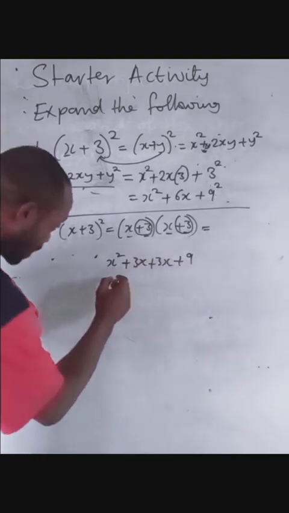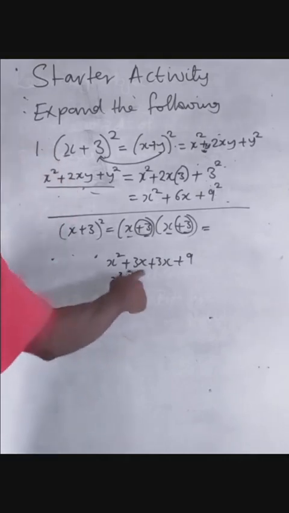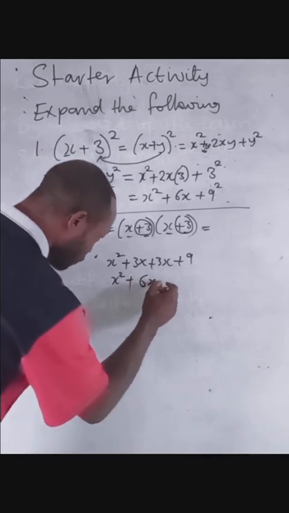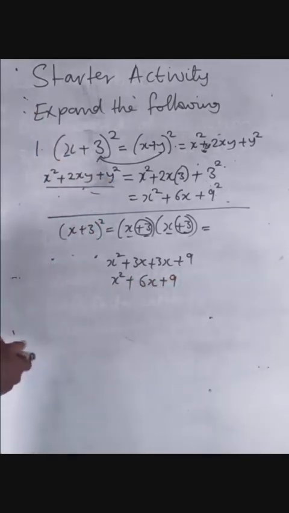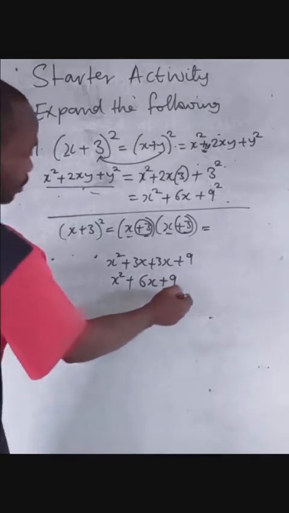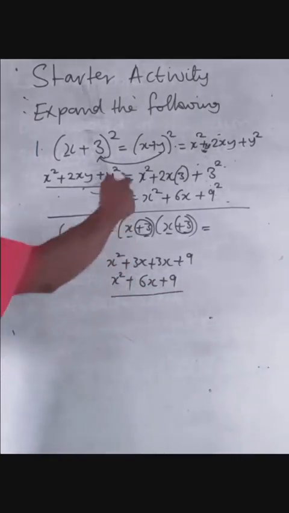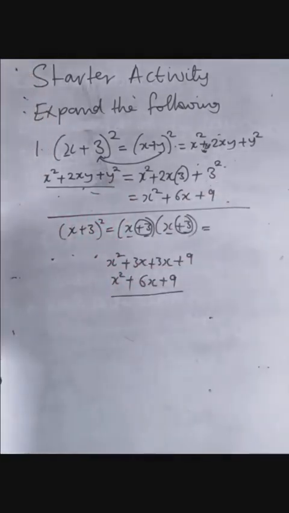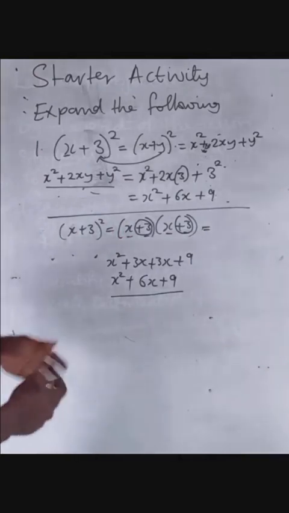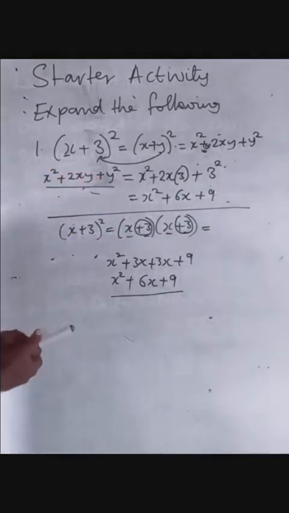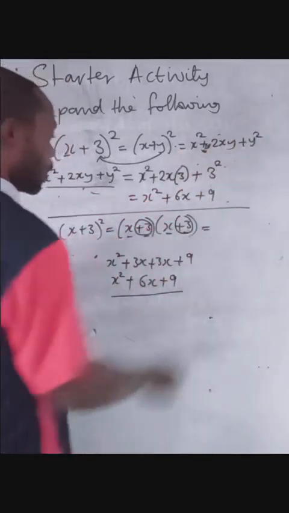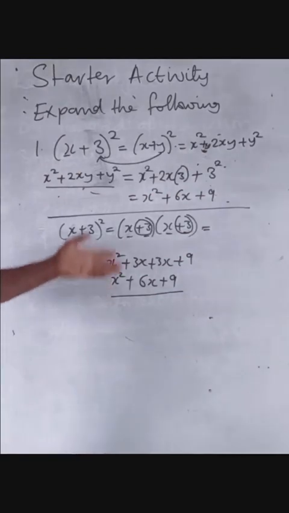Now this is the same thing as x squared plus 3 plus 3 is 6x, plus 9. So you can see it is the same thing as with this formula here. So choose the one that is best for you. You want to memorize this formula, x squared plus 2xy plus y squared, or you use this expansion method.